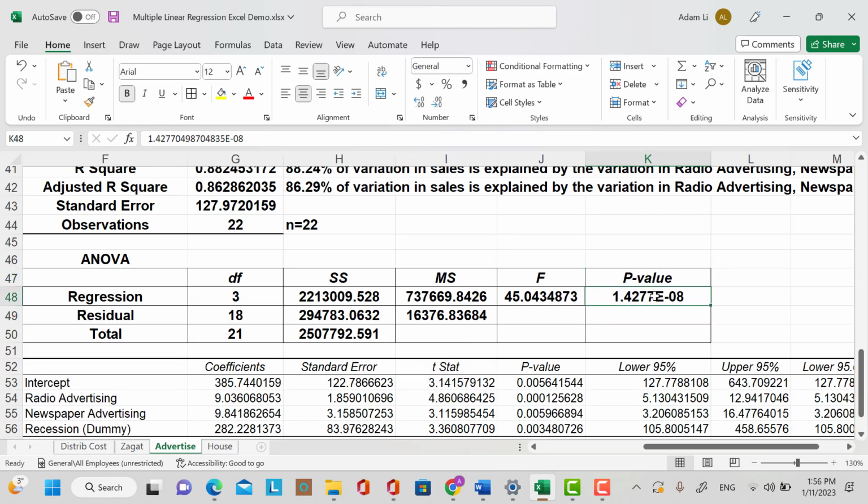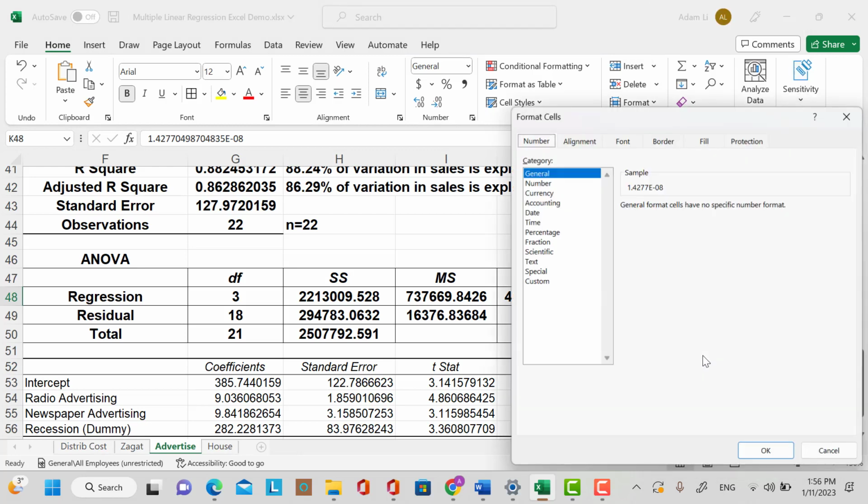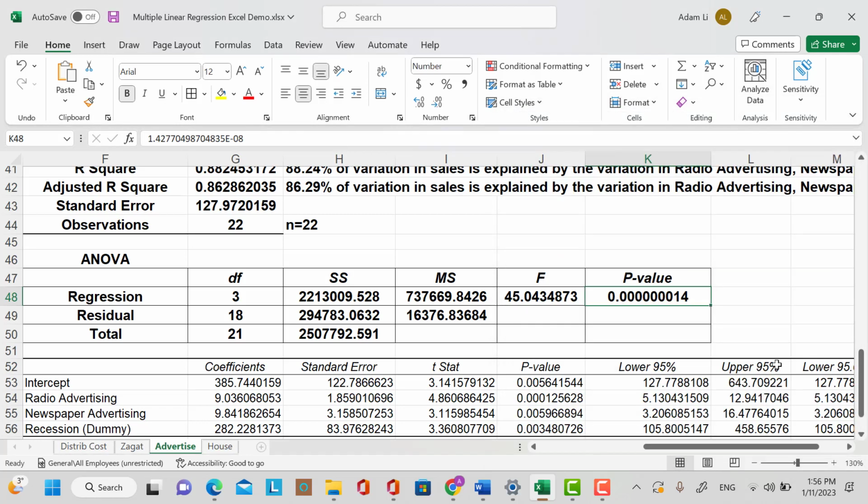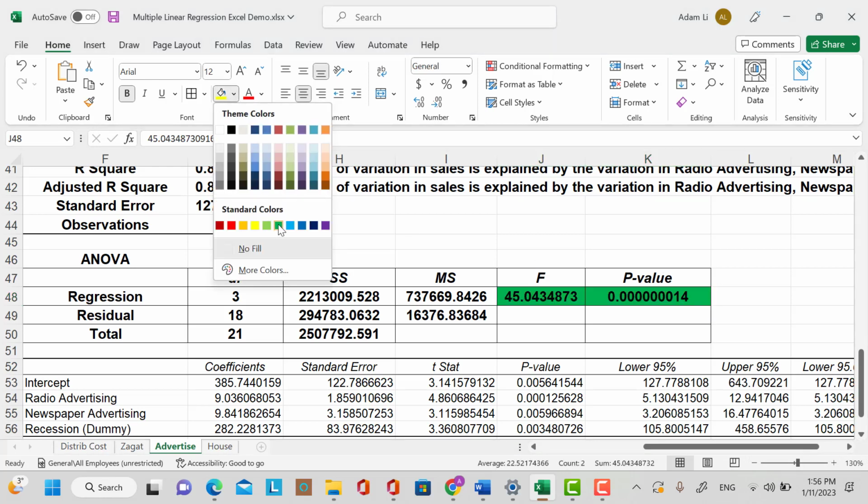If you turn this into decimal numbers, it's slightly smaller compared to the first model, meaning the second model is slightly more significant. So there's a stronger linear relationship in model number 2. Let me highlight this, putting different colors so you can compare them.